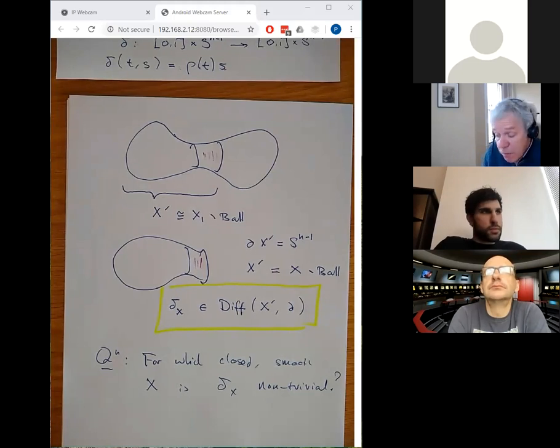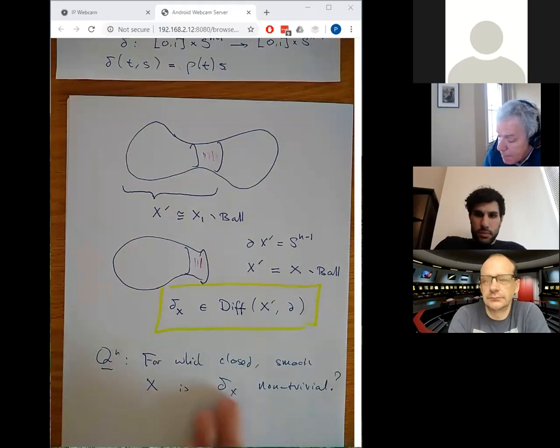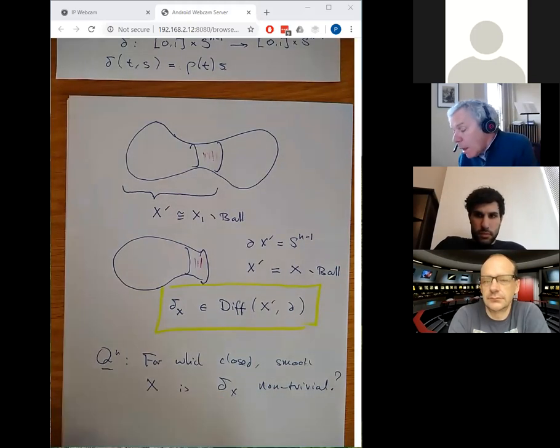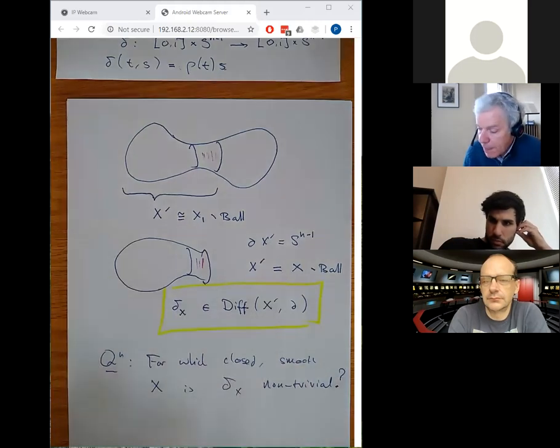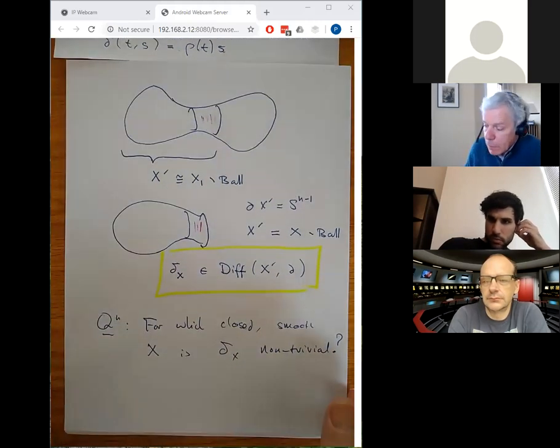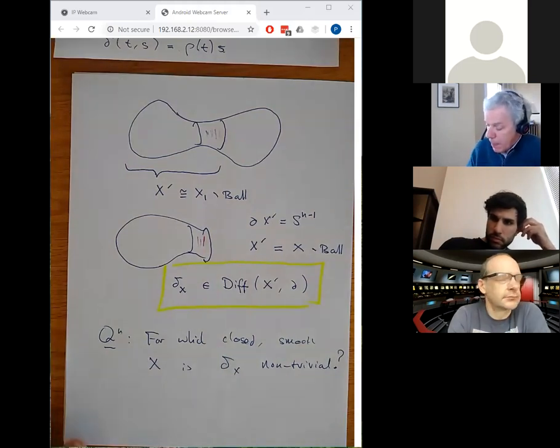For a hyperbolic 3-manifold X, this delta X again is always non-trivial. I'm not sure what the minimal proof of that is, but it certainly follows from work of Gabai and others on stronger 3-dimensional versions of rigidity.